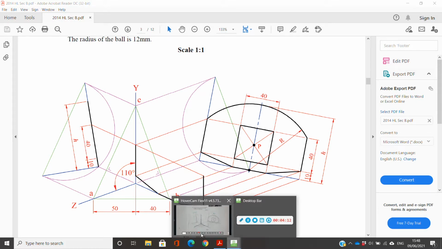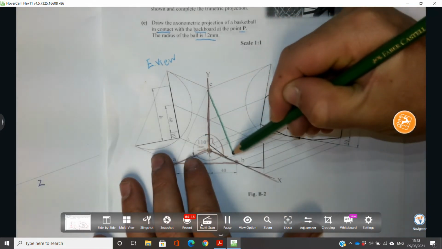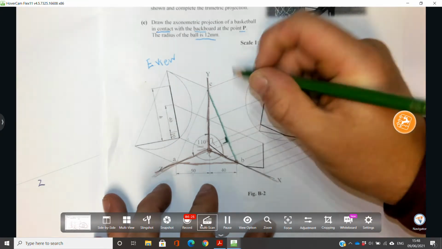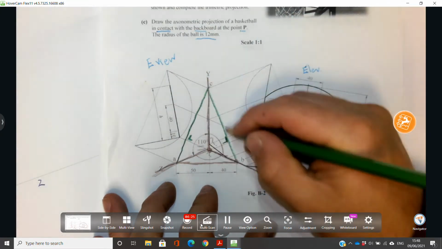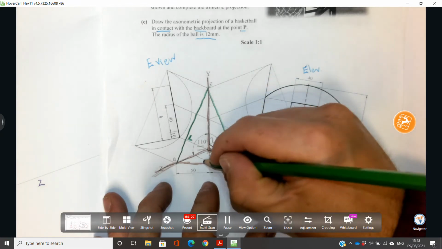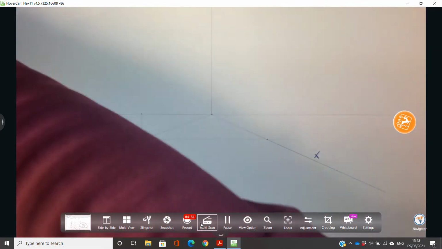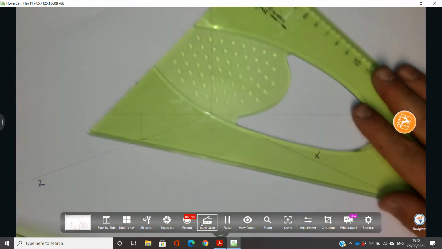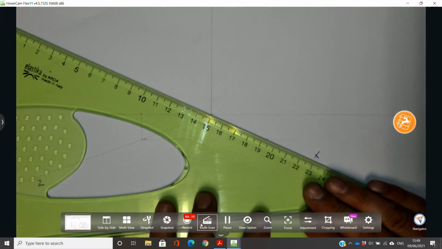So that is the key in doing these questions. They're the key in completing those triangles in any type of axonometric, be it isometric, dimetric or trimetric.